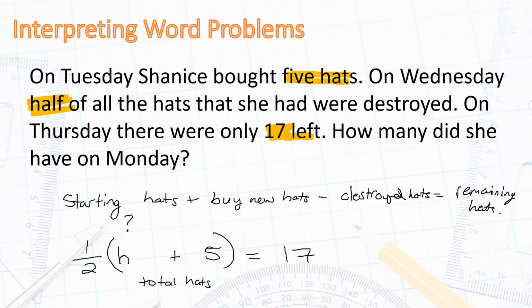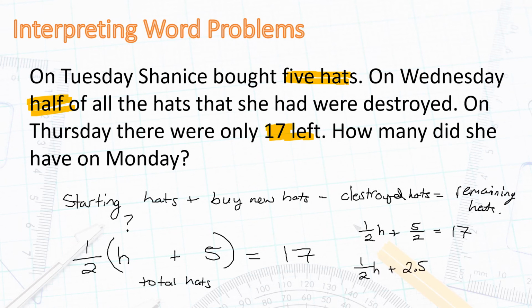So now to solve it, we've got a half times H plus 5 equals 17. You could distribute it. So that would mean you'd have a half H plus 5 over 2 equals 17. It's not great, but it'll work. A half H is going to stay. 5 over 2 as a decimal is 2.5.